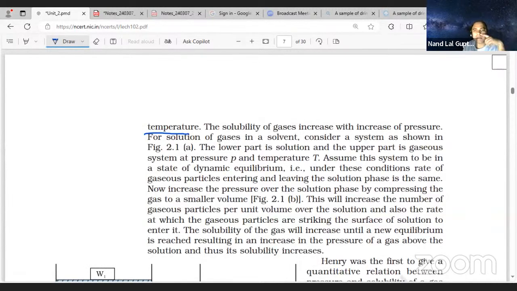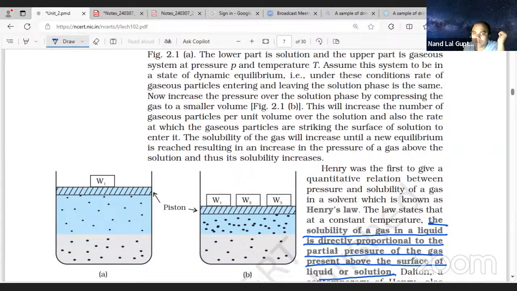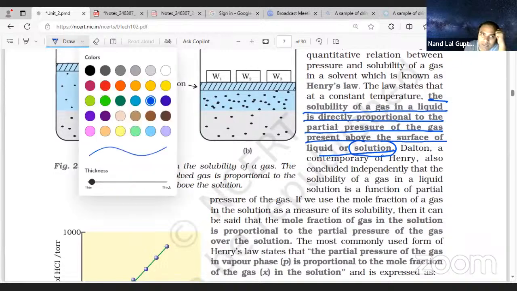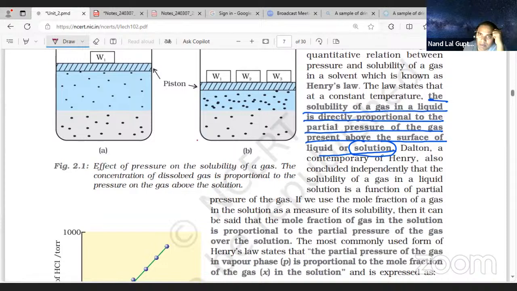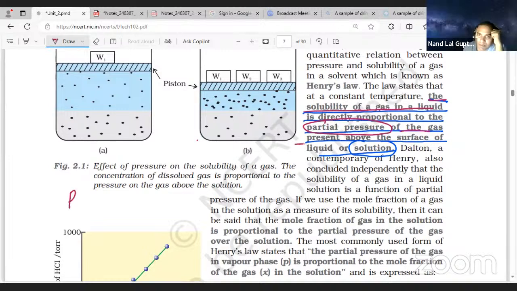Now the definition comes here. Actually, they are saying the solubility of a gas in liquid is directly proportional to the partial pressure of the gas present above the surface of the liquid or solution.